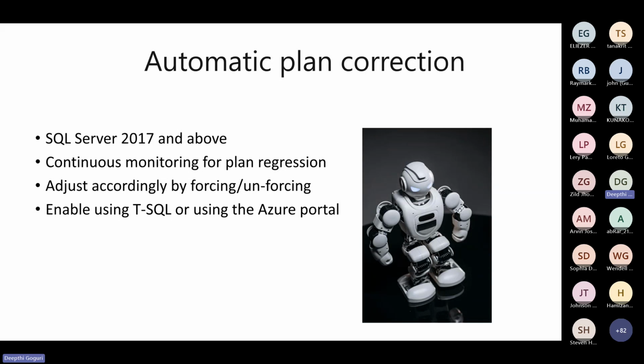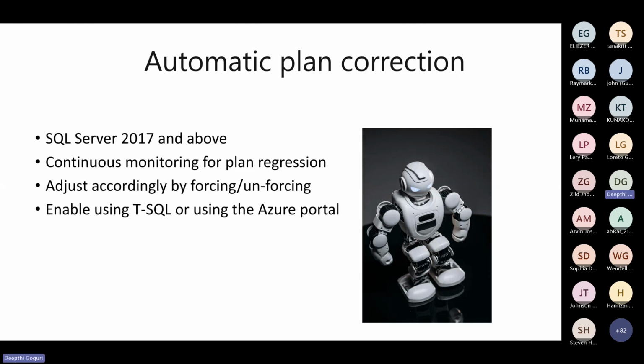Previously, we were the ones who had to force the plan. But with automatic plan correction in place, it will automatically monitor your execution plans and the query executions for you, and it will always force the last good plan. You don't have to manually touch any of that.